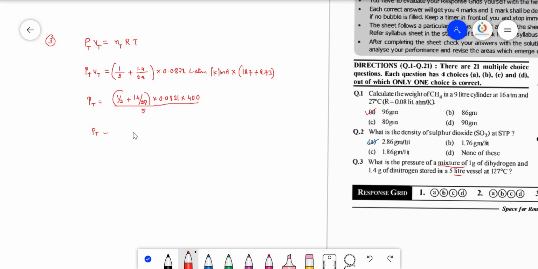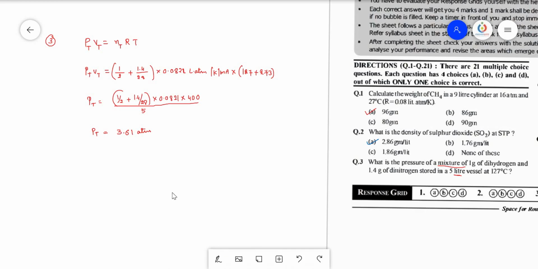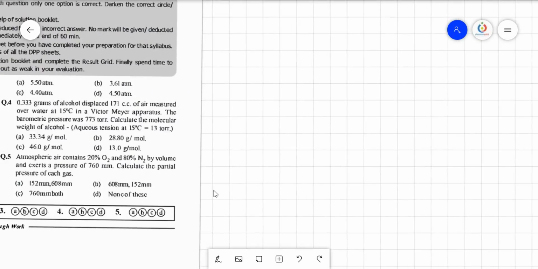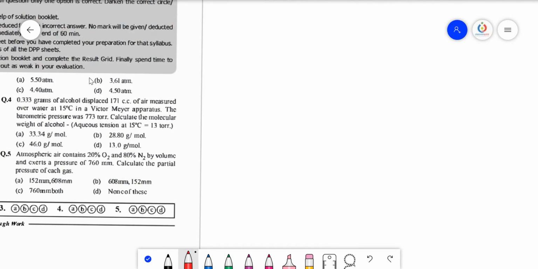So by solving this, we shall get 3.61 atmospheres. Now let us see the answer placed on the other side. This equals 3.61 atmospheres. So here option B is correct.